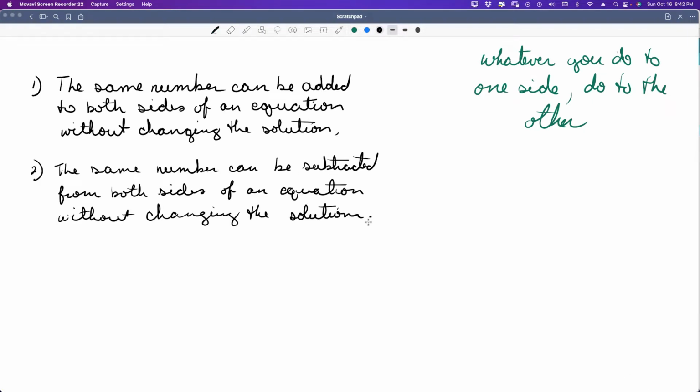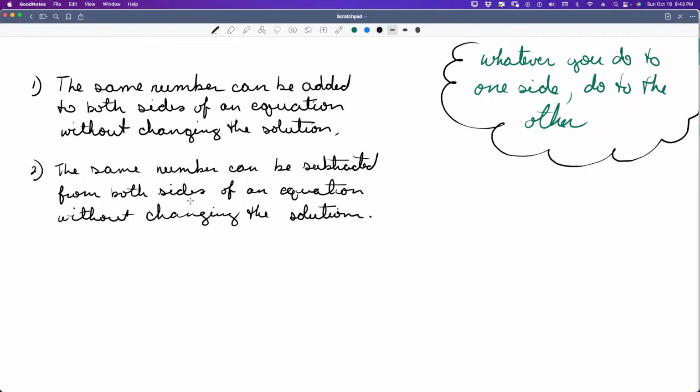All right, so here's the addition and subtraction rule for equations. Number one, the same number can be added to both sides of the equation without changing the solution. Number two, the same number can be subtracted from both sides of an equation without changing the solution. So basically, what this said right here.